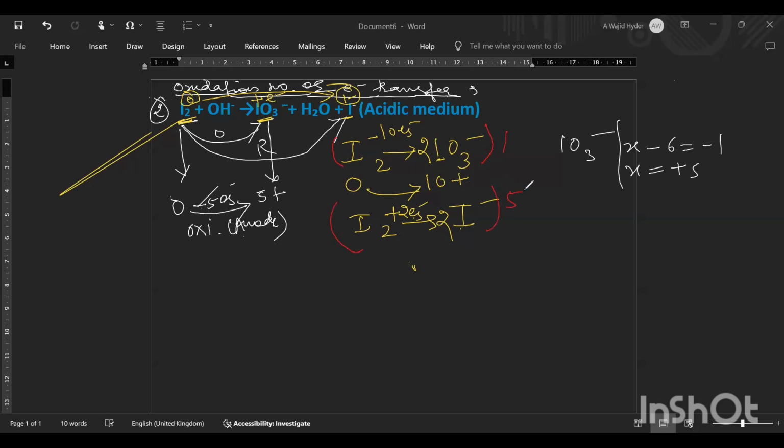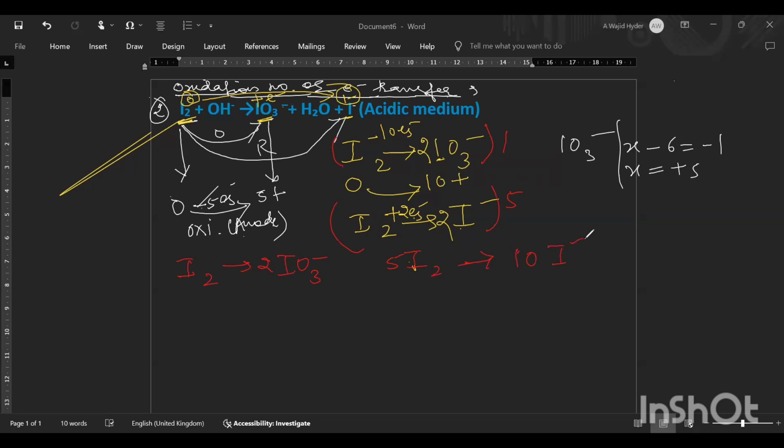Now both will have the number of electrons lost and gained the same. So iodine is changing to 2IO3 minus, and in the second case 5I2 is changing to 10I minus.